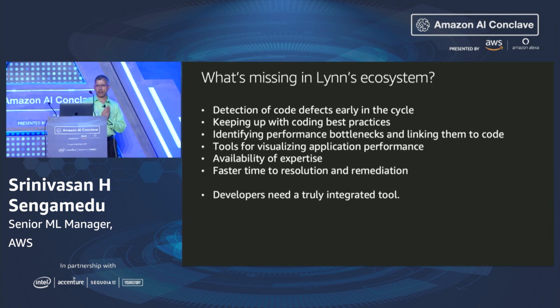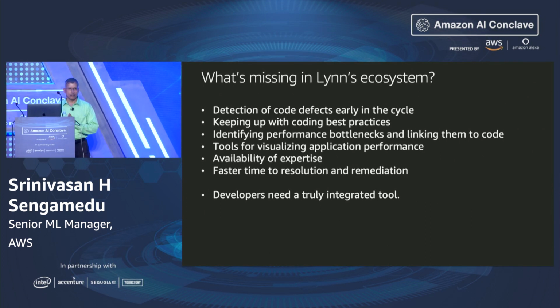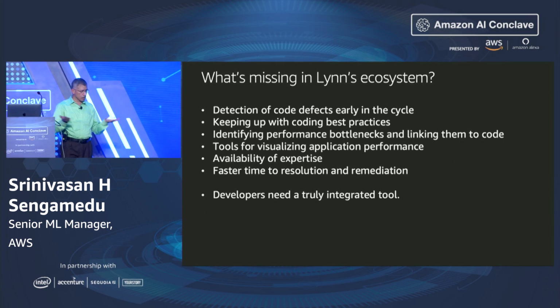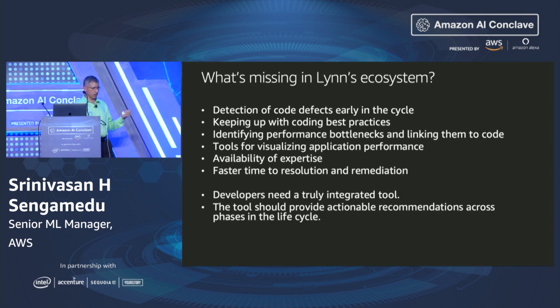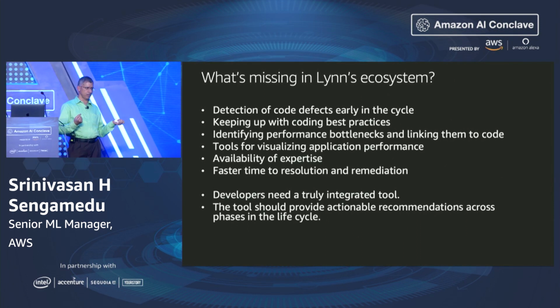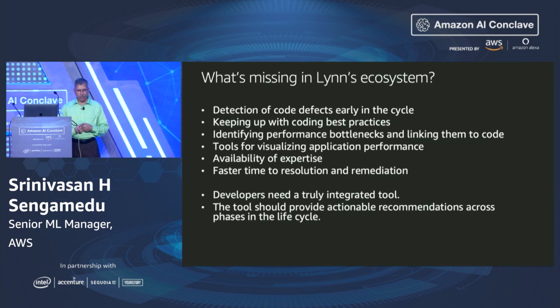So in a nutshell, basically what developers need is a truly integrated tool that works across the multiple phases of the software development lifecycle, and a tool that provides actionable recommendations on the different phases of the lifecycle.